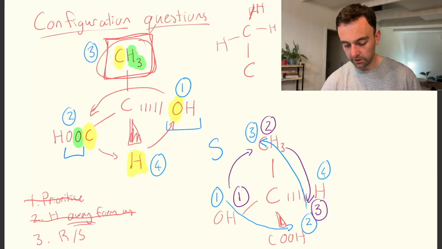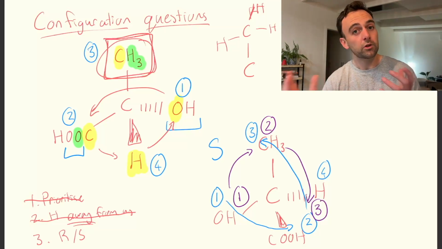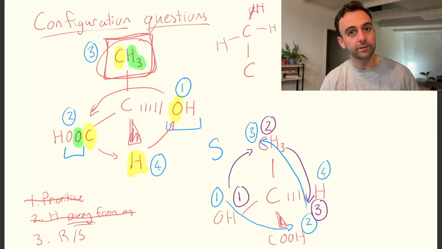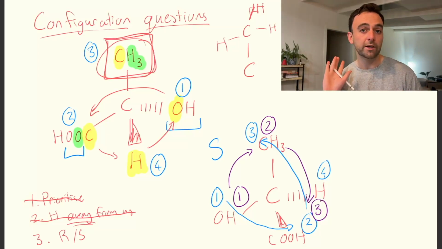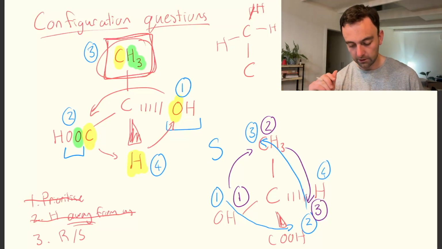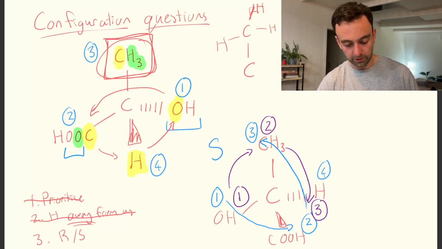So you just need to follow this process: you prioritize the groups and then you use your rotation. So you see why that's such an important skill. You rotate them so that the hydrogen is facing away from you, and then you just connect the dots.